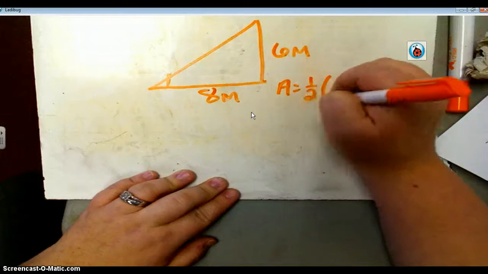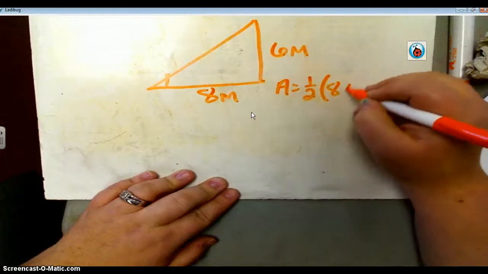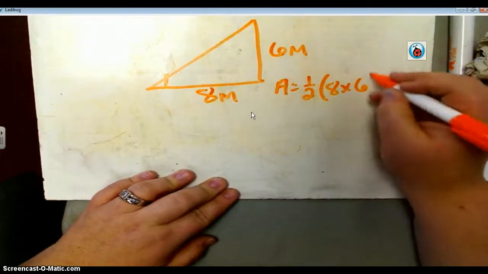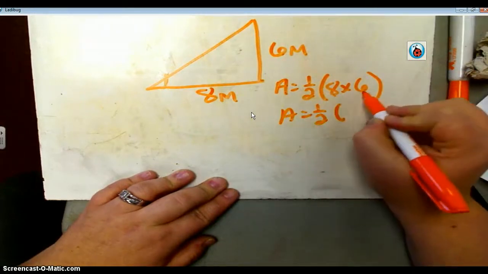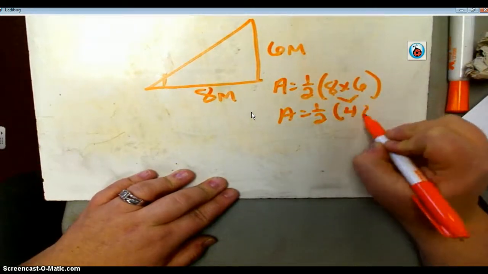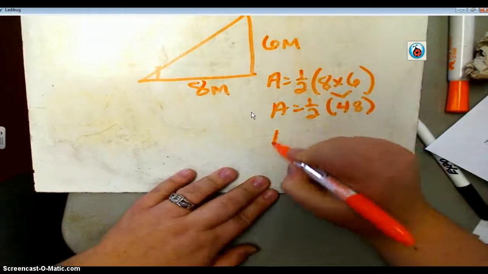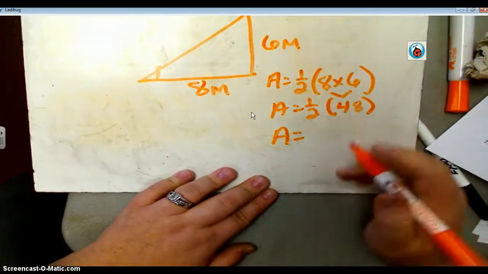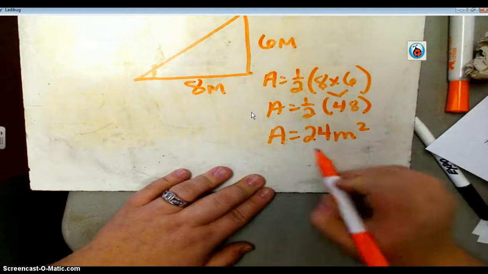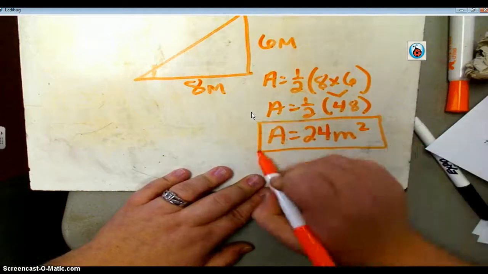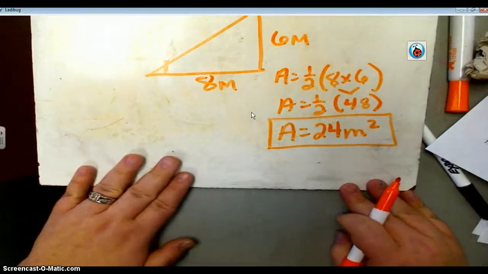I can take 1/2 times my base, which is 8, times my height, which is 6. A equals 1/2 of 6 times 8 is 48. A equals 48 divided by 2 is 24 meters squared. Okay? You can follow that formula step by step.